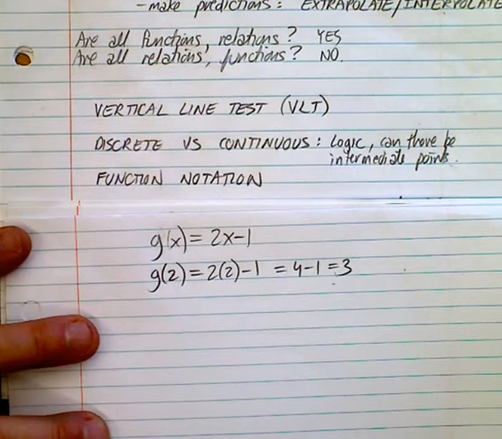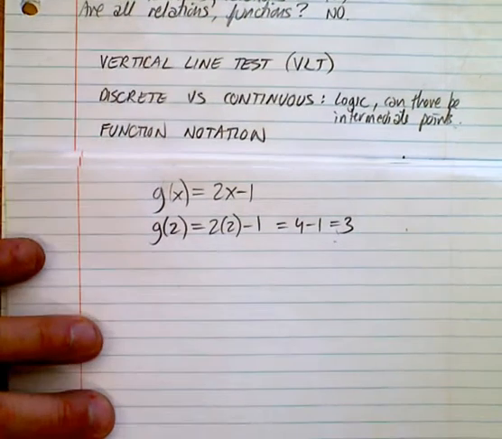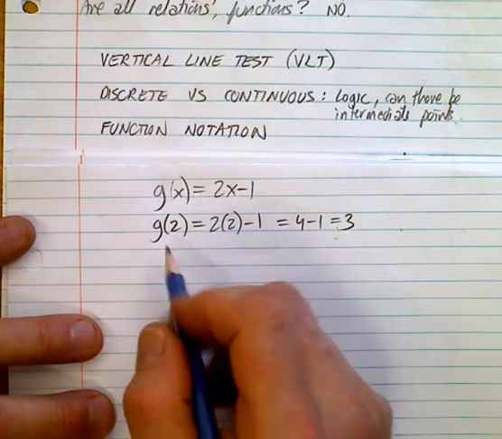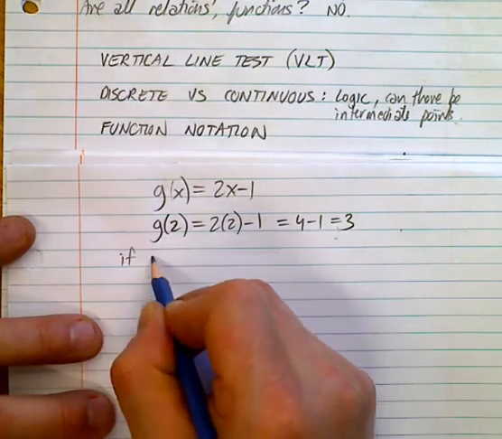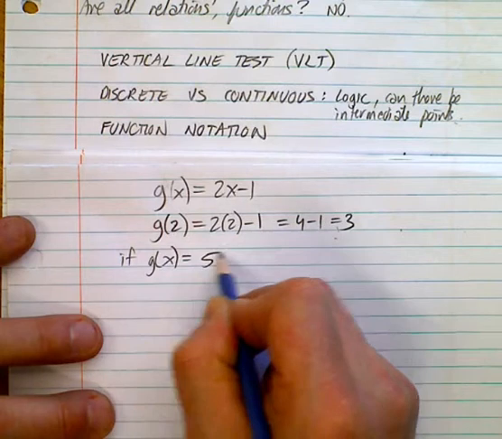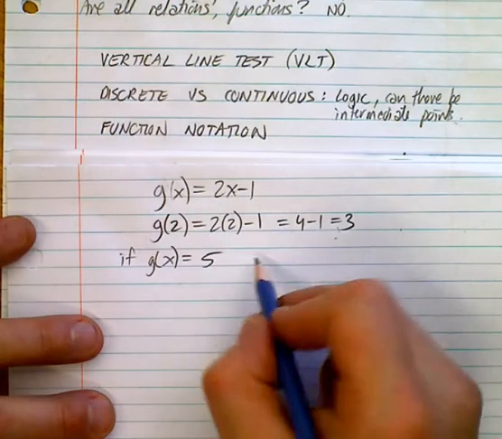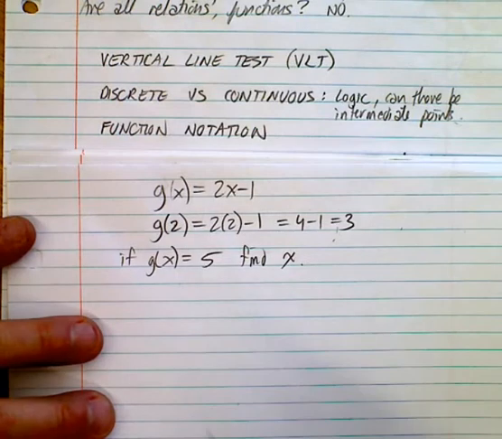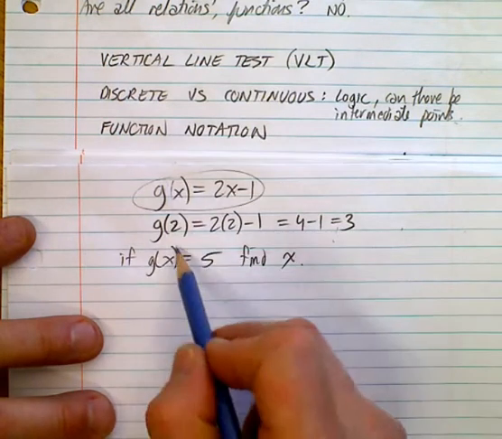Now we're going to be looking at graphing these things, but what I'm also going to ask you is, you can put any number in for X and you just plug it in there, right? What if G of X is equal to 5? I'm going to ask you to find X now. So you take G of X equals 5 and put it in there.